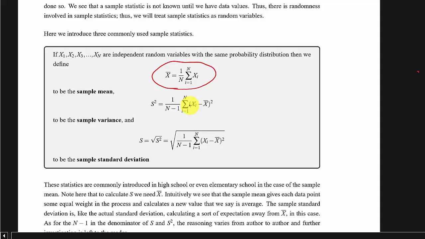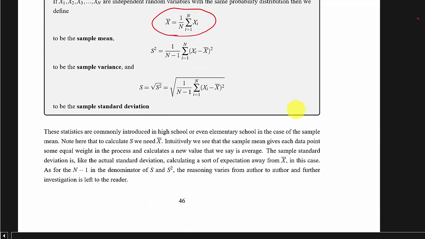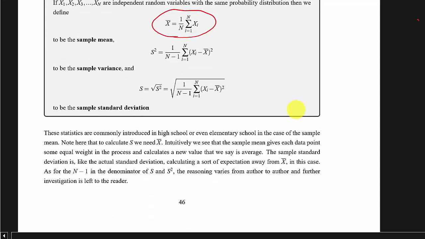All right. So these you commonly see in high school or even elementary school in the case of the sample mean. Note here that to calculate s, we need x bar. Intuitively, we see that the sample mean gives each data point some equal weight in the process and calculates a new value that we say is average.